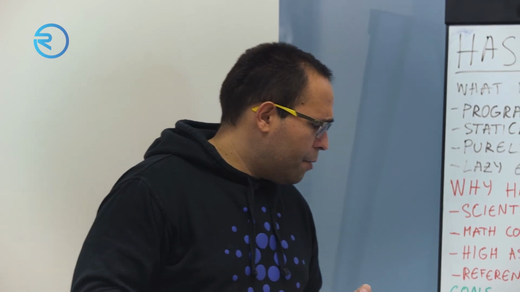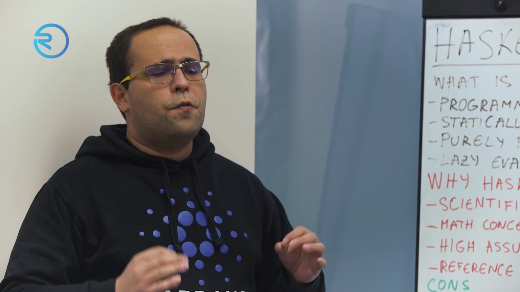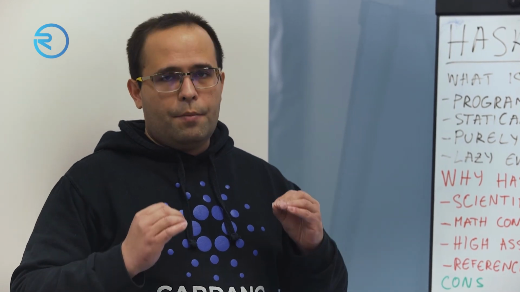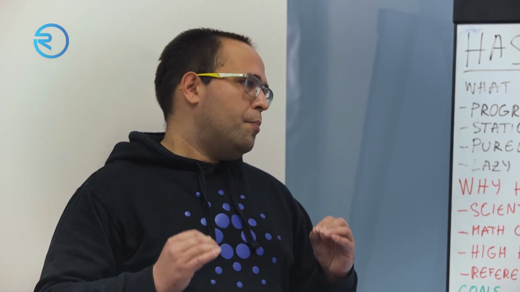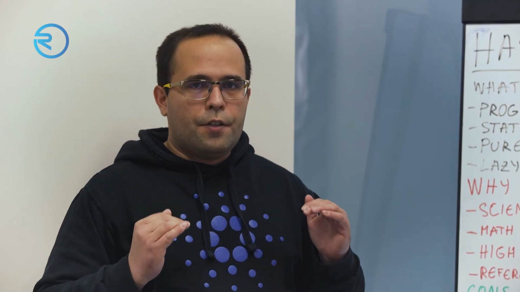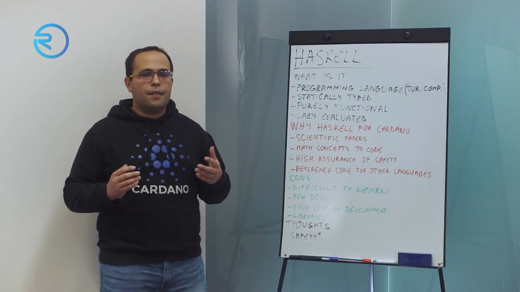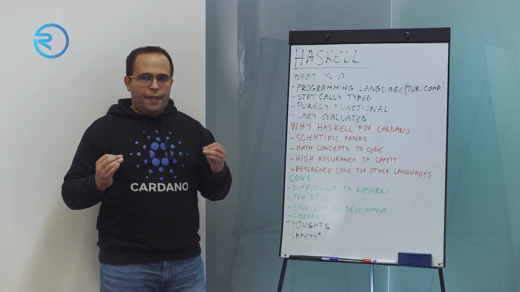The second thing I would like to say is, again, Haskell is used for the node implementation of Cardano. So we can be pretty certain that the basic layer of Cardano, stake pool operations, and basic transaction sending is secure and safe.